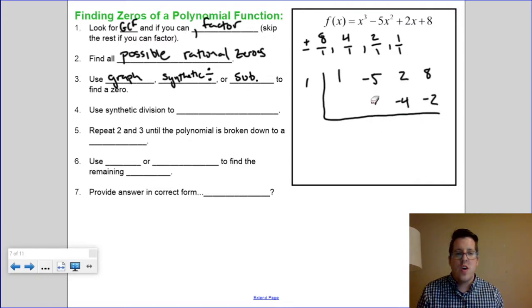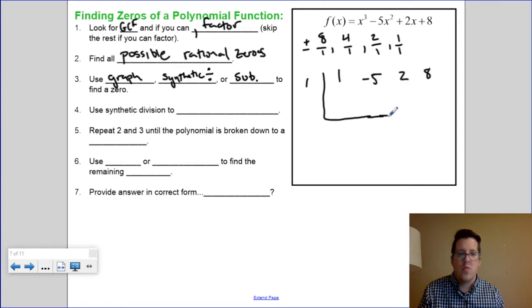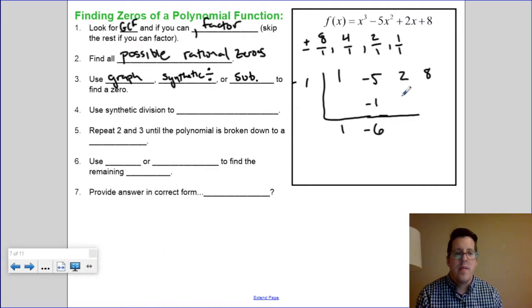So now, after trying 1 and finding that it didn't work, I'm going to try -1 and see if it does work. I'm using the smaller numbers because that's easier to do. So when I plug in -1 and I multiply, I find that I get a remainder of 0.